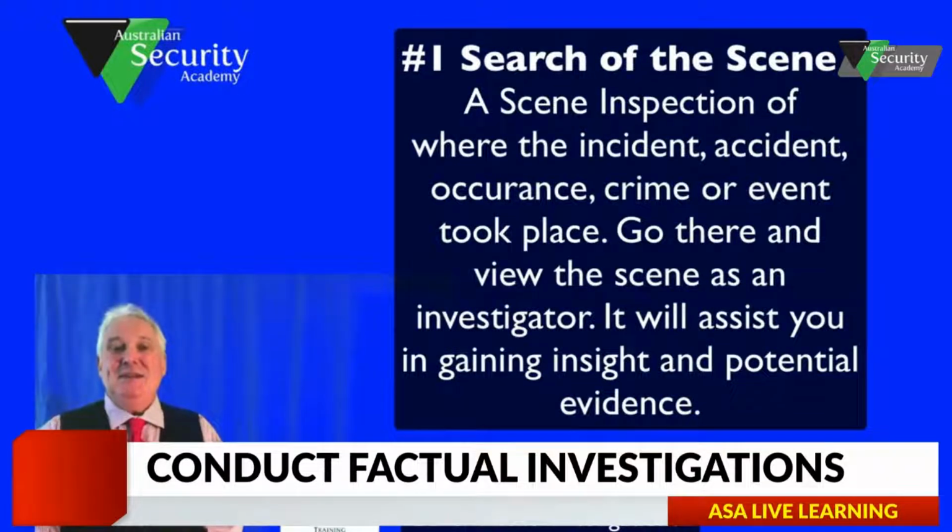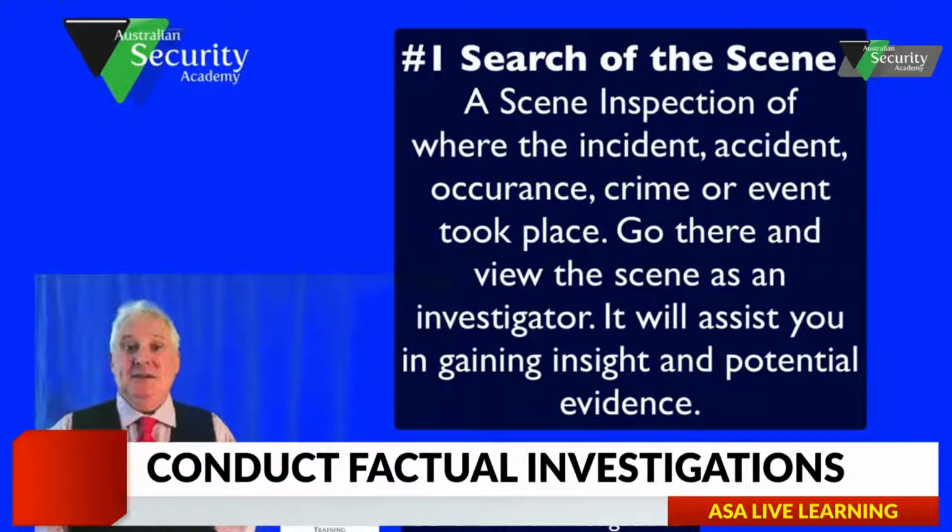Now, naturally, if something happens and it's worth investigating, it's going to have happened at a place. Now, if it didn't happen at a place, then it may not have happened at all. So if it's going to be investigated, it had to happen somewhere.